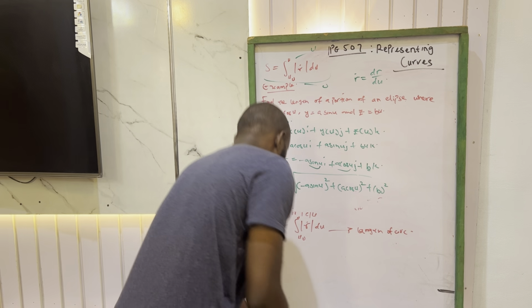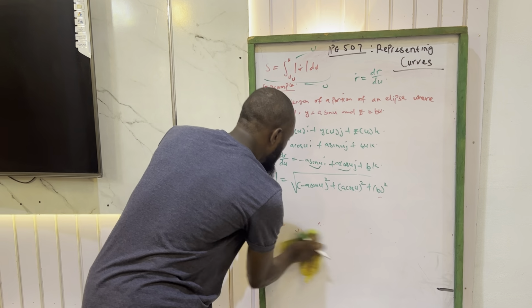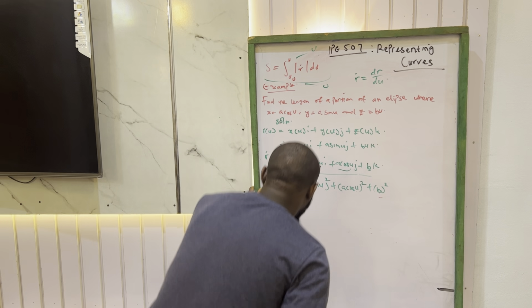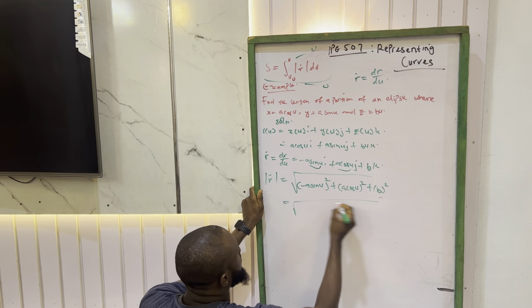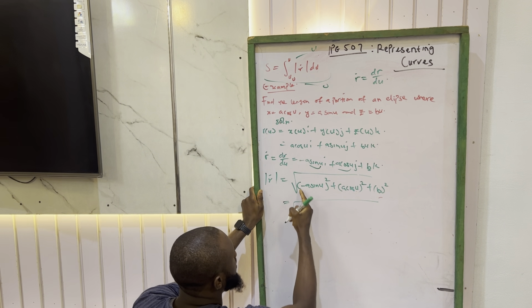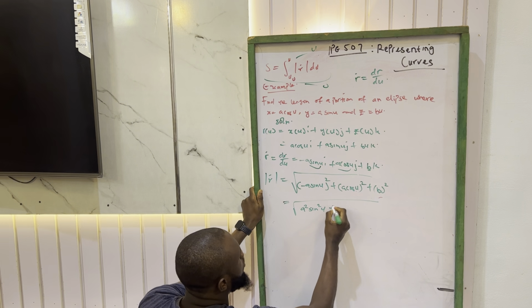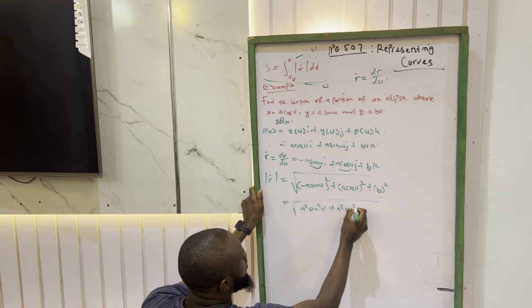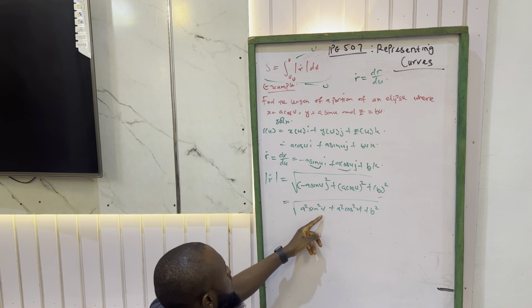So what we get is a squared negative squared, that's a squared sin squared u, plus a squared cos squared u, plus b squared. We have a lot of common terms here.